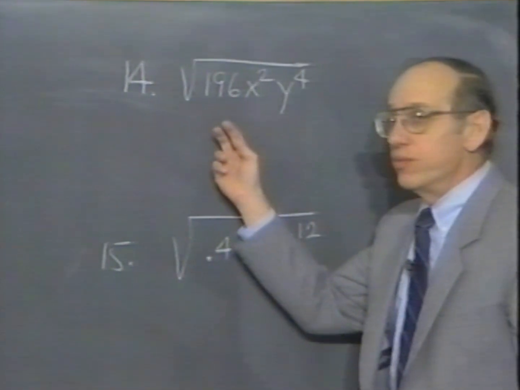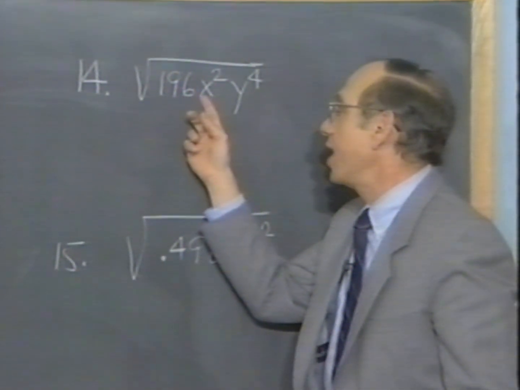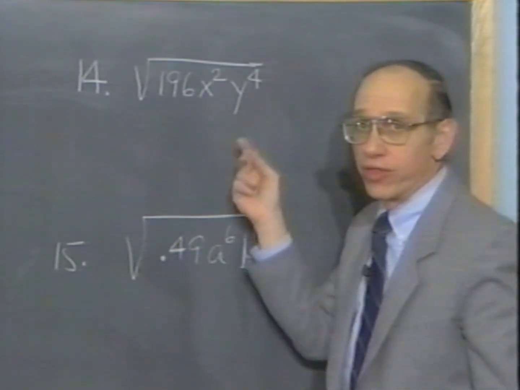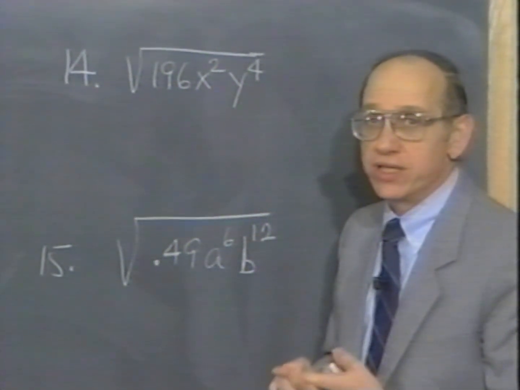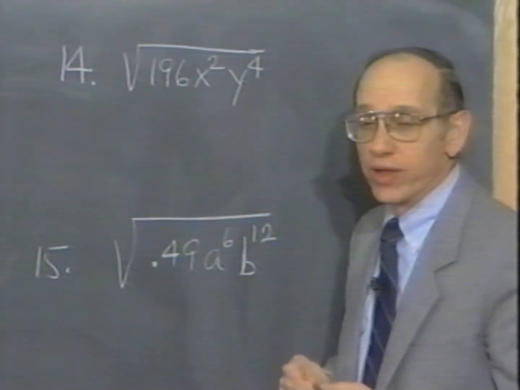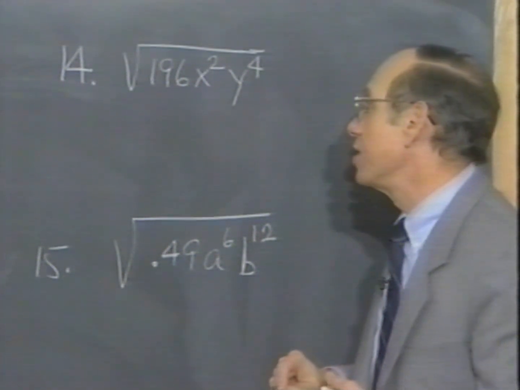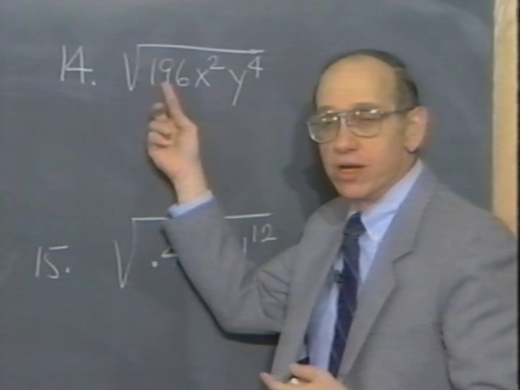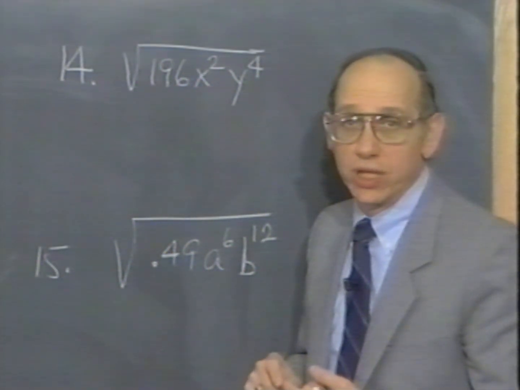Problem 14, we have a product of 3 things under the radical. We have the square root of 196x squared y to the 4th. Once again, ask yourself, what do I have to multiply by itself so that the result is 196x squared y to the 4th? Well, remember I told you should memorize some of those perfect squares, and here's one you should have memorized. 196 is, in fact, 14 times 14.